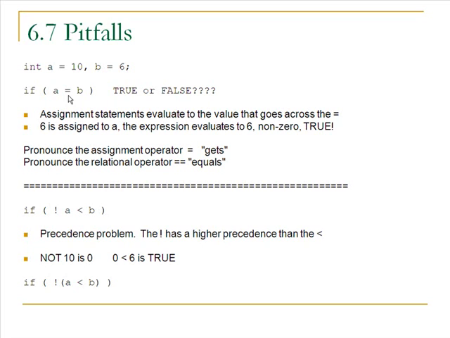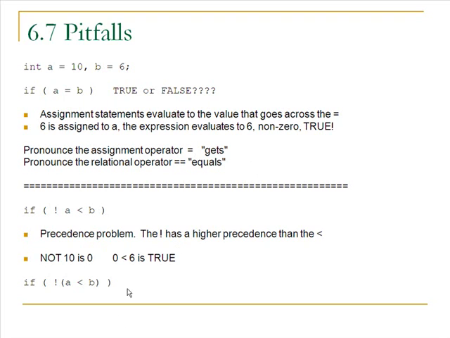Well, an assignment statement evaluates to the value that goes across the assignment. So 6 is assigned to A, and this expression A gets B evaluates to 6. 6 is non-zero, which is true. So this is a very difficult bug for you to see. When you look at it, you see what you want it to be instead of what's actually there because of this gets versus equals operators that are so similar.